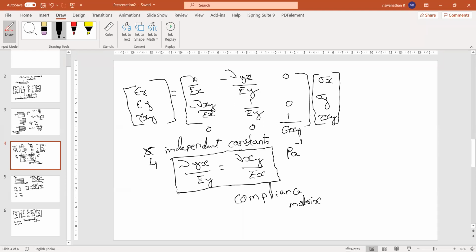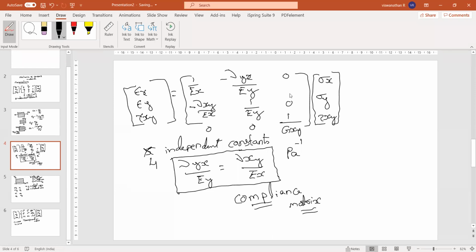So 1 by E is the inverse of the stiffness, so that is why this matrix is called the compliance matrix.